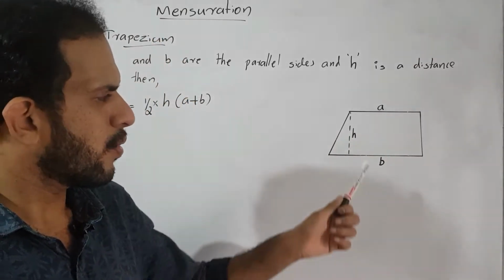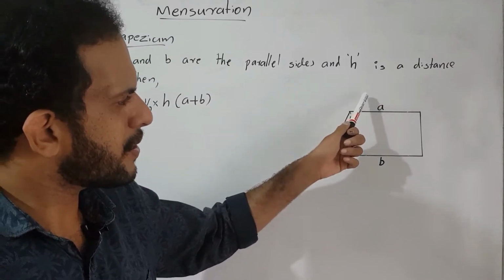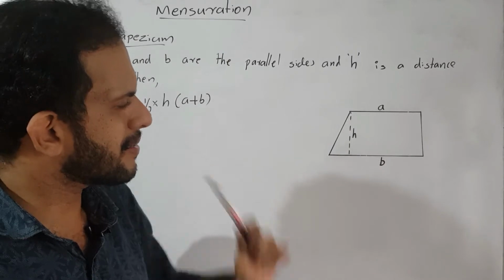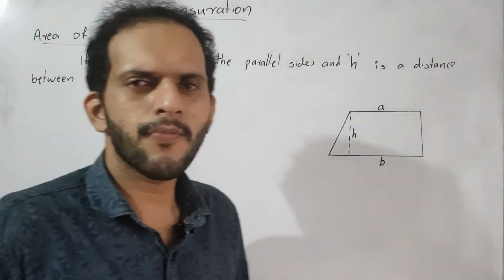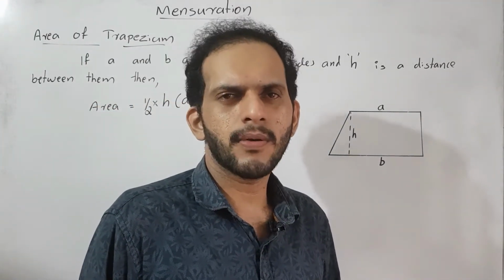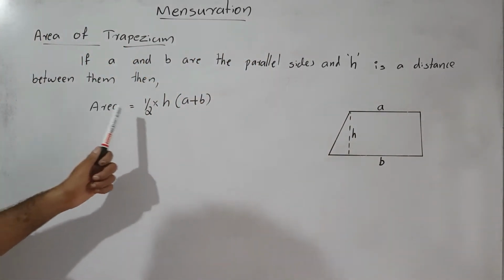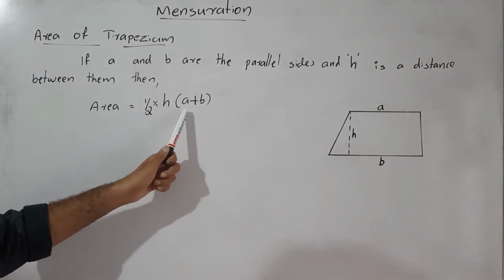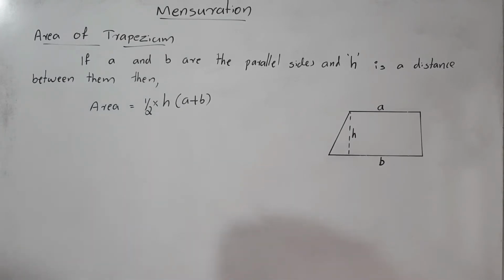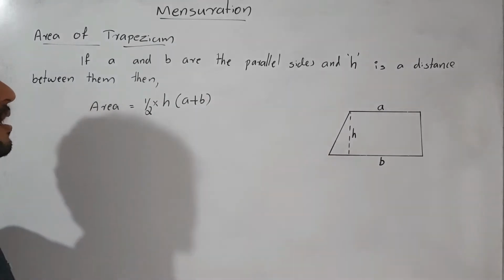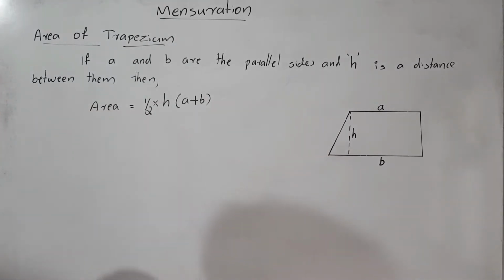If we know the measurements of the two parallel sides and the distance between them, then it is possible to find the area of a trapezium. So we use the equation: area is equal to half into h into a plus b. What are a and b? a and b are the parallel sides and h is the distance between them.